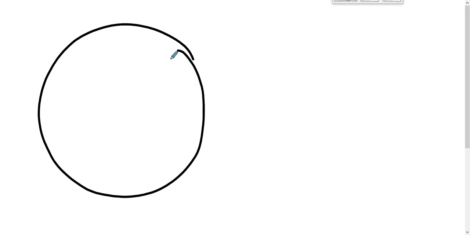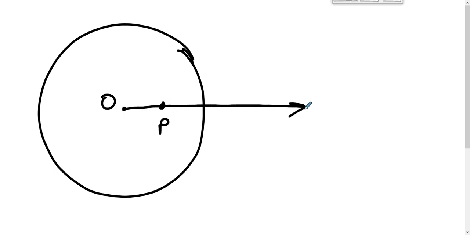So, consider the following. You have some circle centered at O, radius R, and you have some point P inside the circle. P prime is the point on ray OP such that OP times OP prime is radius squared. Well, how do you find that point?